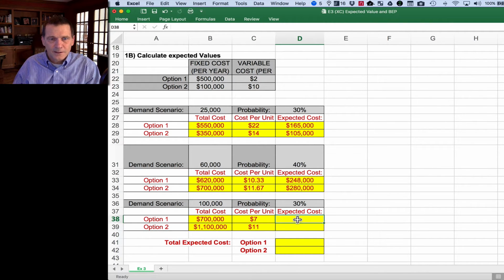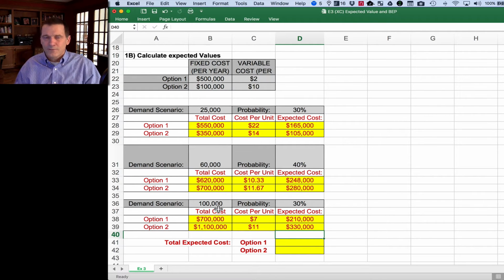And last but not least, we will do the probabilities: equals our total cost times, which is the star key, the percent likelihood, and last but not least equals our option 2 for this scenario times the 30%. And there we go. So we've got these 3 different demand scenarios for option 1 and option 2, the highly automated line and the low automation line, over 3 different demand scenarios.